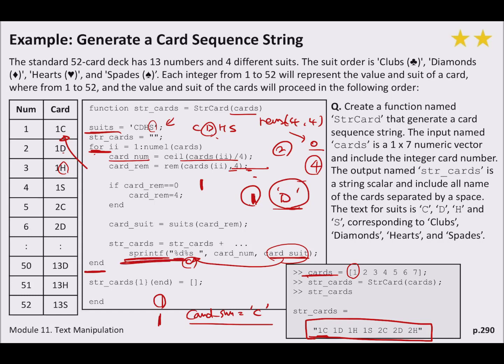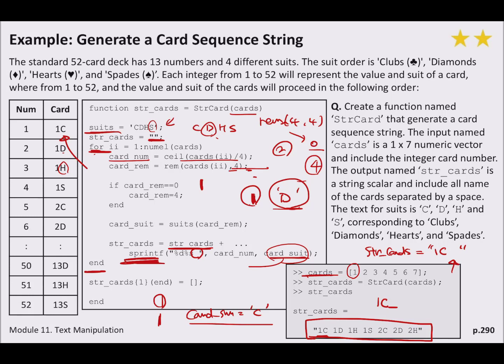If you run this, you will get 1C, and here I put an empty space. We are adding this string to the string card, which is initialized as an empty string. So now the string card becomes 1C followed by an empty space.